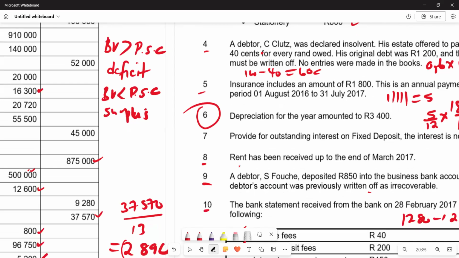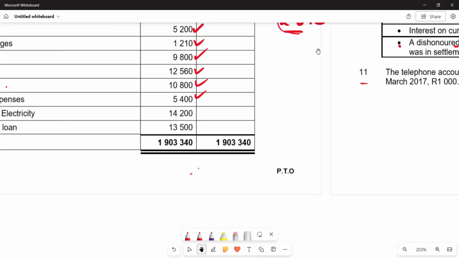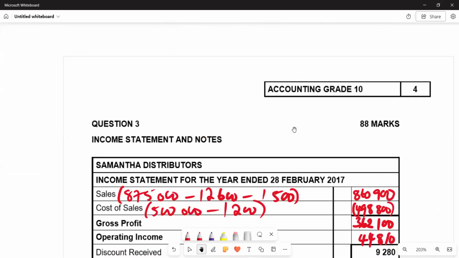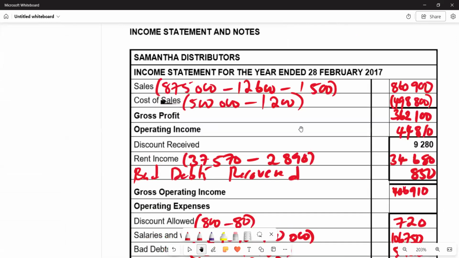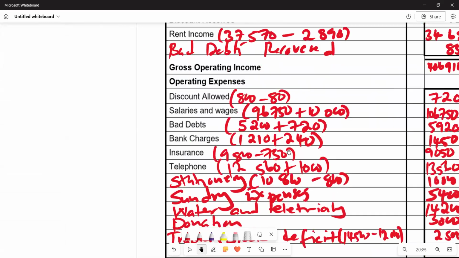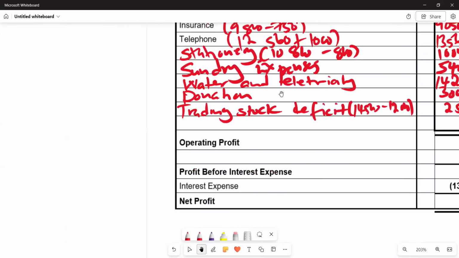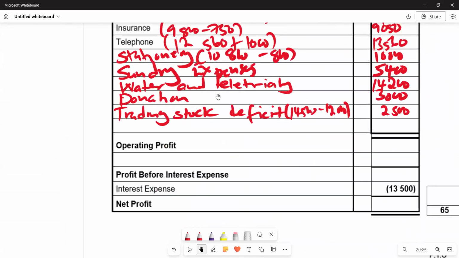Depreciation for the year amounted to 3,400. So we are going to include our depreciation, 3,400. So this is the last expense that we have.